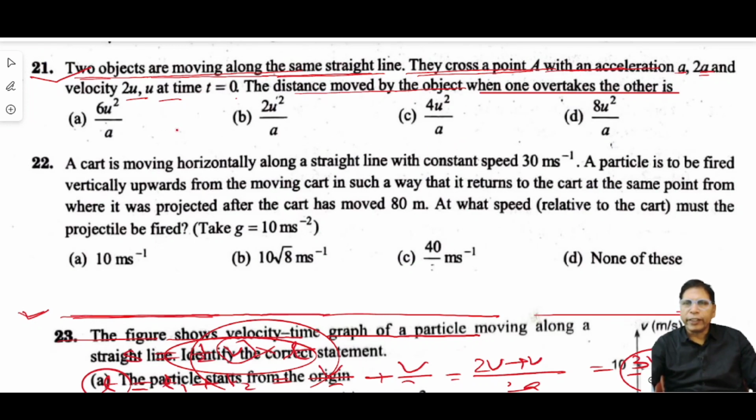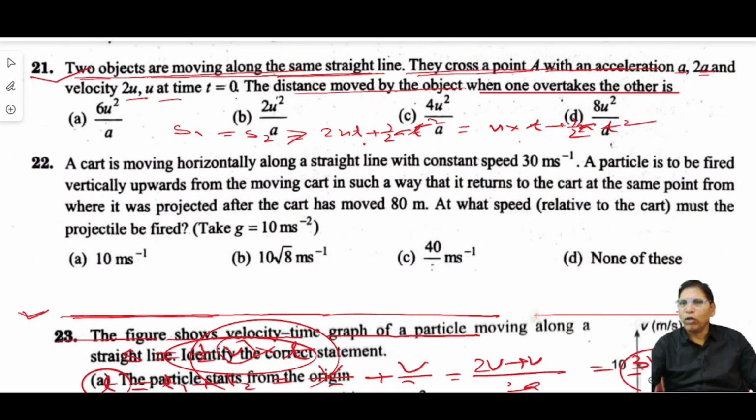During overtaking, the distance traveled by the first equals the distance traveled by the second. The distance traveled by the first is 2u into t plus half into a into t square, which equals u into t plus half into 2a into t square.